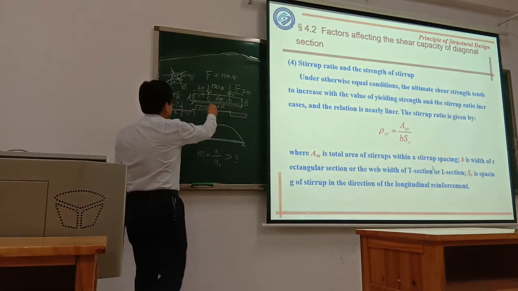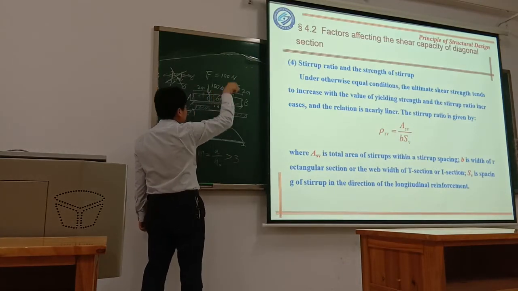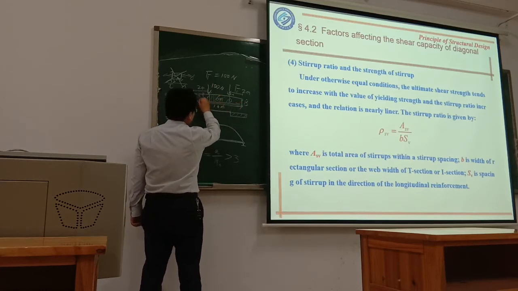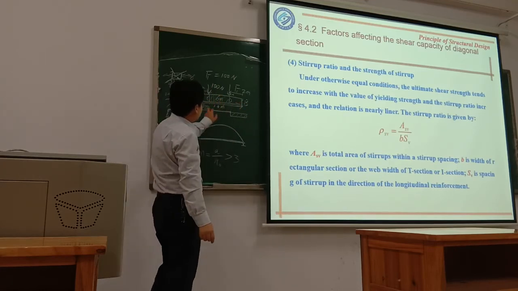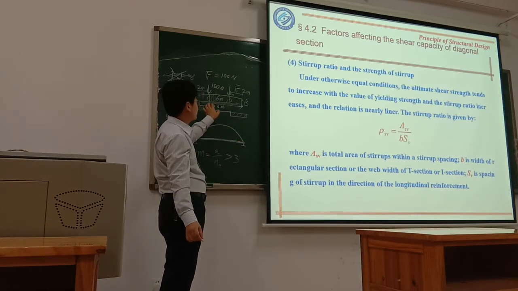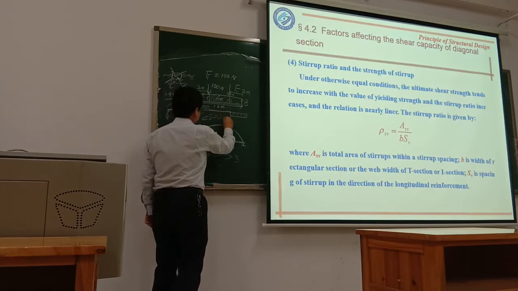Because the stirrup is normally a circle, along the longitudinal reinforcement, we know the distance between the stirrups is normally not larger than 200 millimeters.